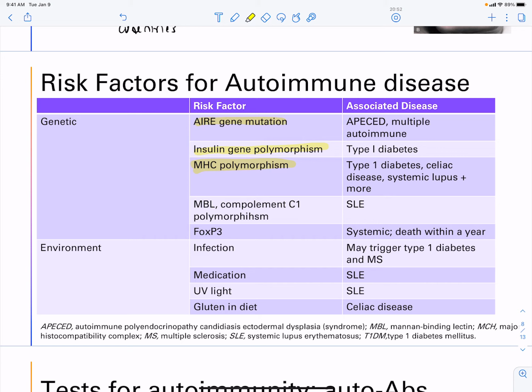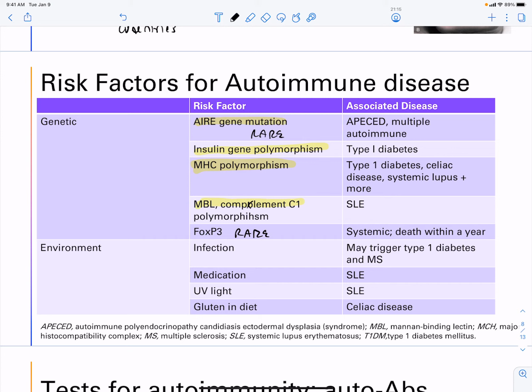We can have mutations in our mannan-binding lectin and complement, C1 polymorphisms, which can lead to systemic lupus. And of course, another rare one is FOXP3. So this is rare, and this is of course rare as well.